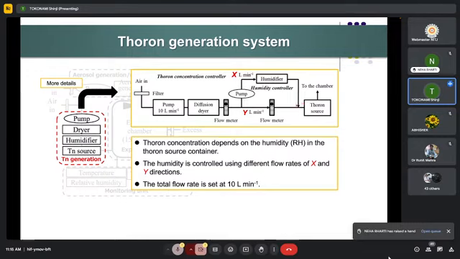Then the mixed air penetrates through this thoron source and goes to the exposure chamber. Thoron concentration depends on the humidity in the thoron source container. The humidity is controlled using different flow rates of X liters per minute and Y liters per minute directions. Total flow rate is set at 10 liters per minute.